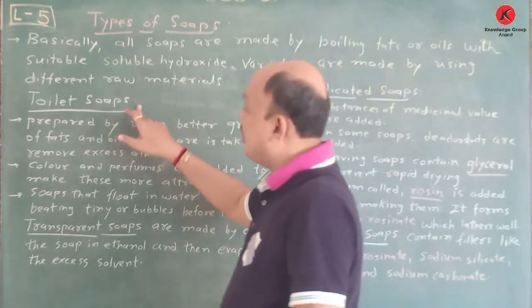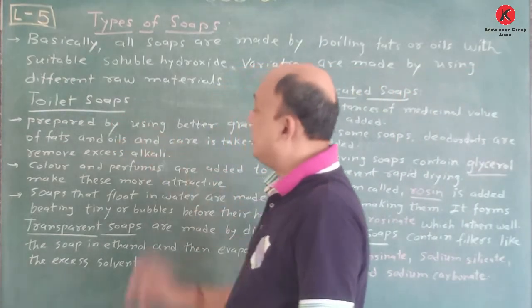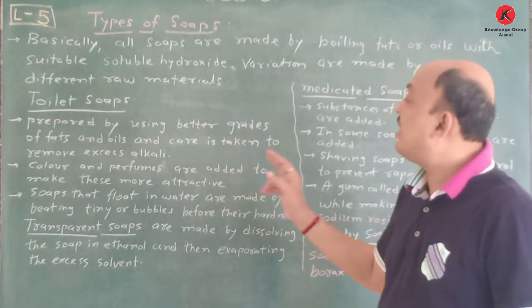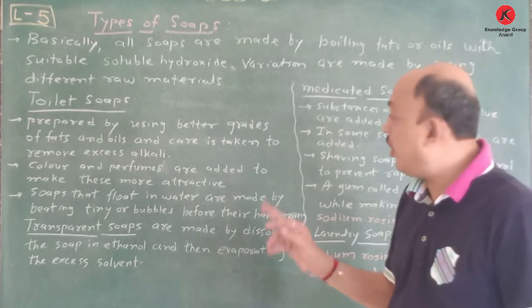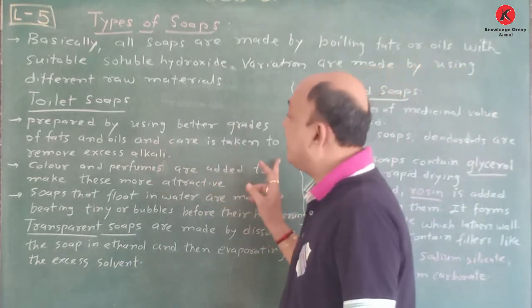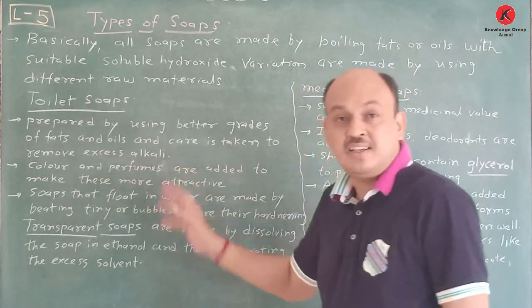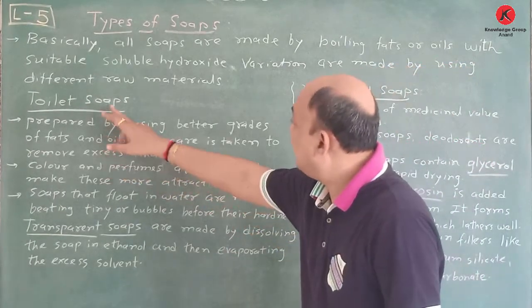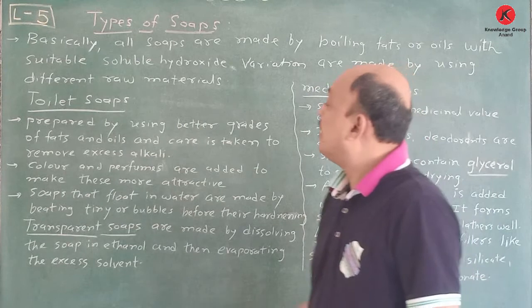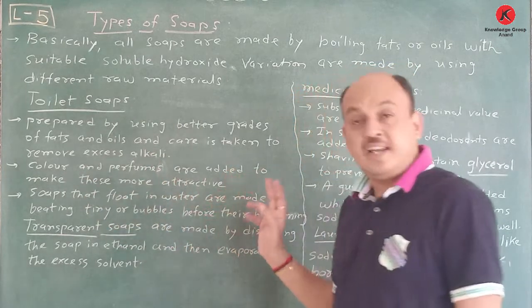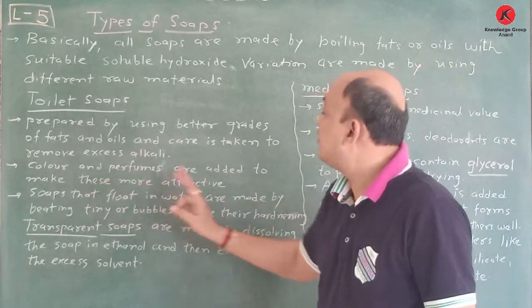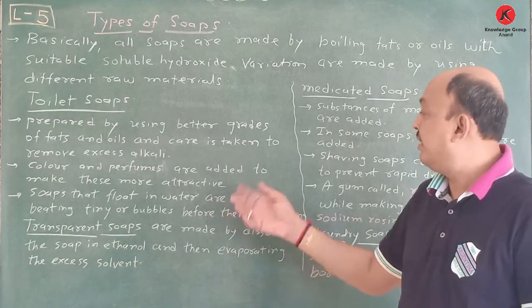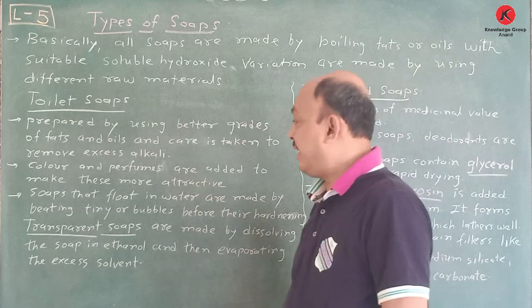First, according to the NCERT textbook, toilet soaps. They are prepared by using better grades of fats and oils, and care is taken to remove excess alkali. Color and perfumes are added to make them more attractive.